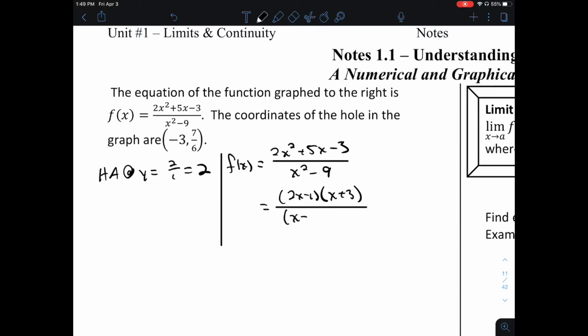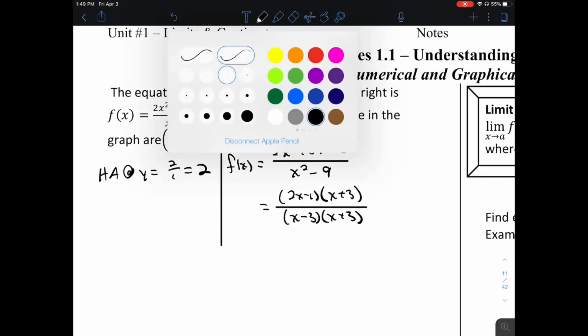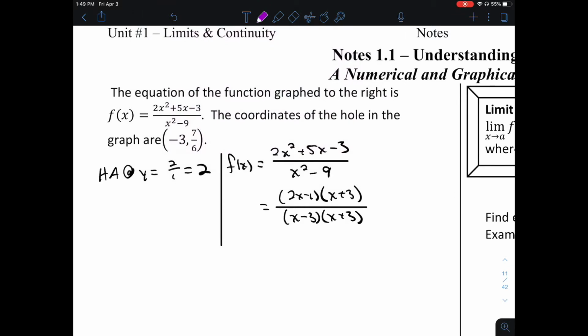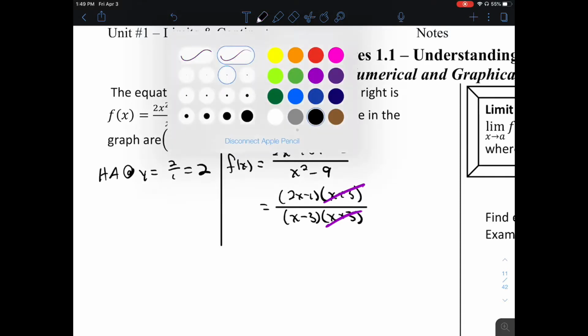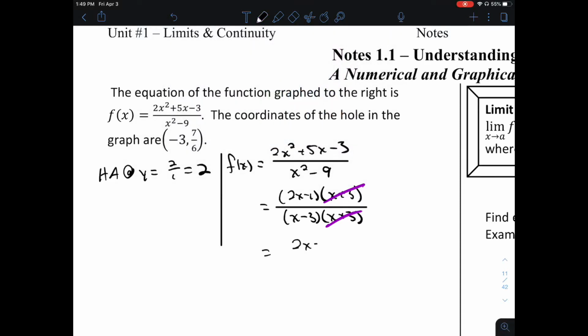The denominator factors into the difference of two squares, x minus 3 and x plus 3. If you forget how to factor trinomials, check out some of the lessons from pre-calc that we've done in the past and review that. From here, when things cancel, remember what happens when things cancel? It means we're going to have a hole.